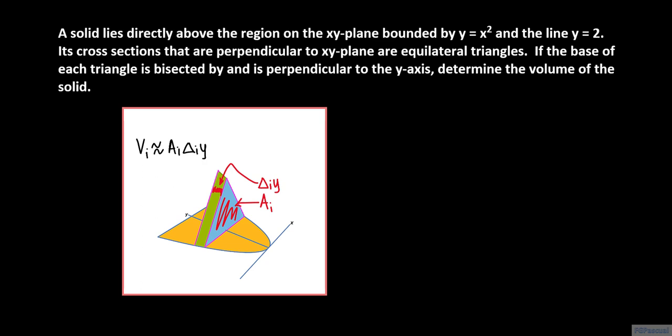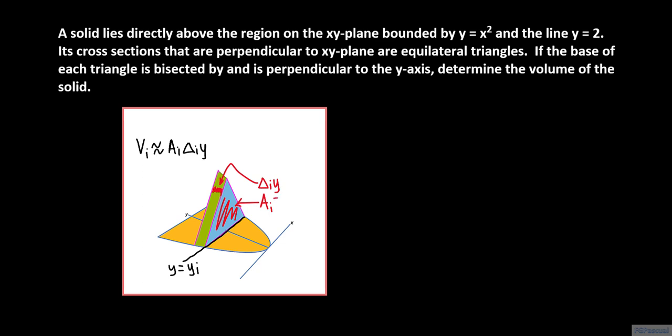Since the thickness reflects the change in the y-coordinate from the front triangular face to the back face, we must express A sub i in terms of y. Let the y value along the base of the front equilateral triangular face be y sub i. Then we must find a formula for A sub i in terms of y sub i. We don't have one.